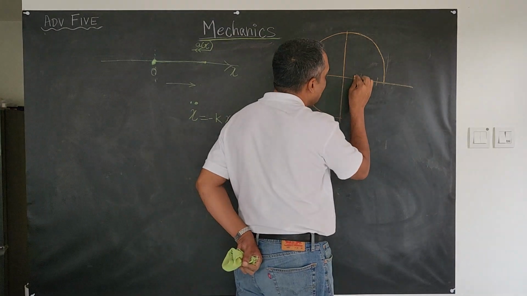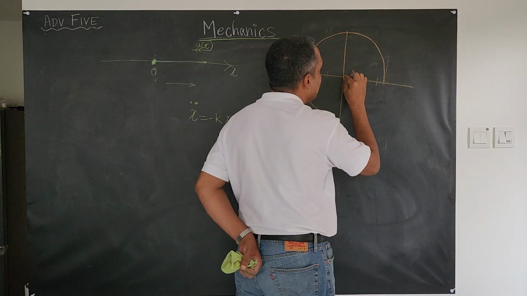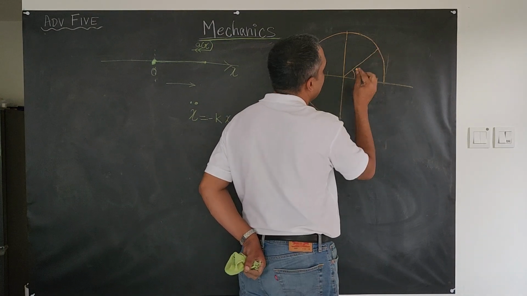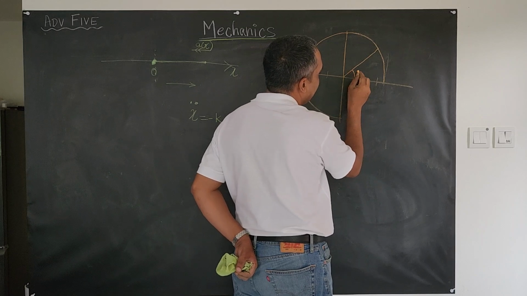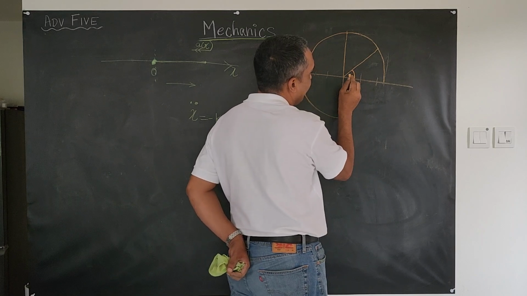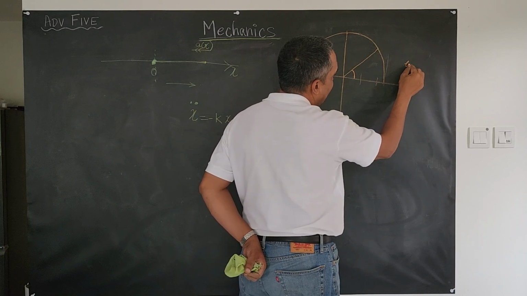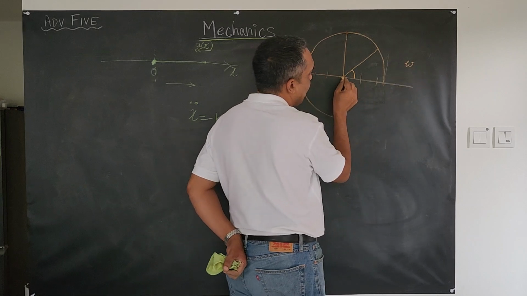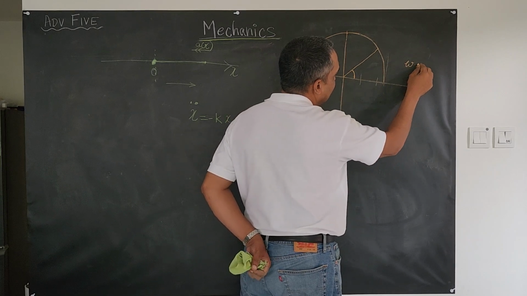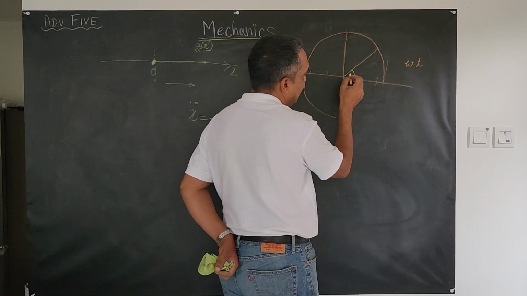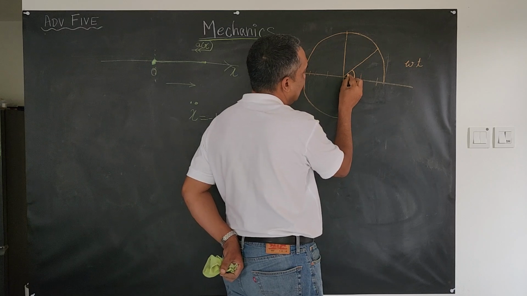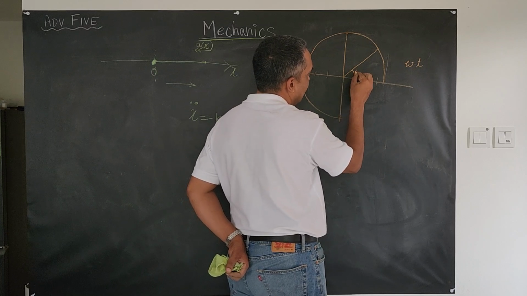So if my angular speed is omega, angular speed times time is theta, so this angle is omega t.